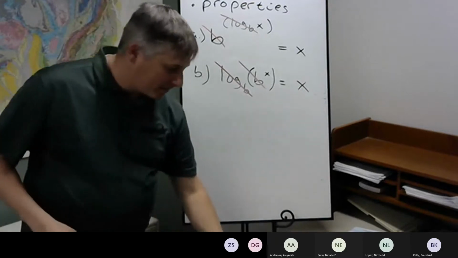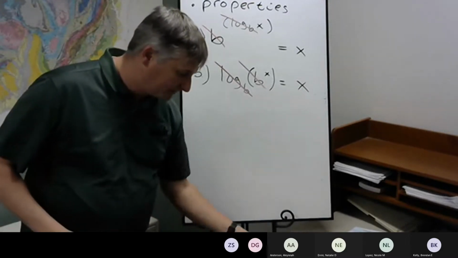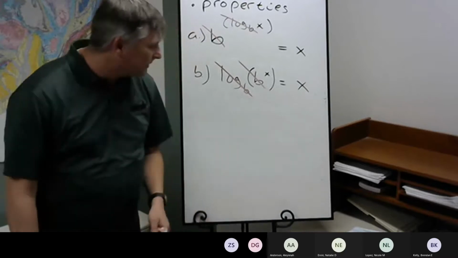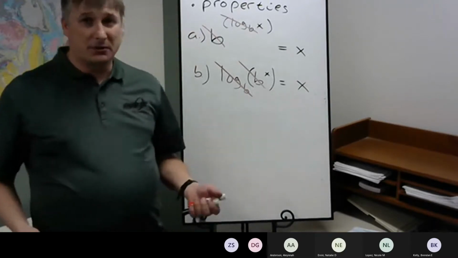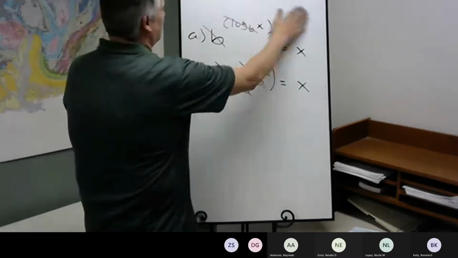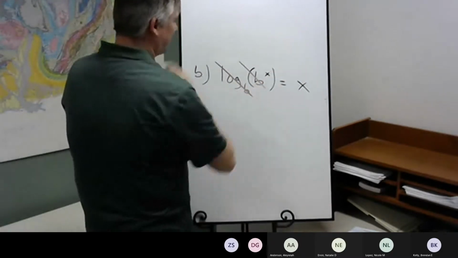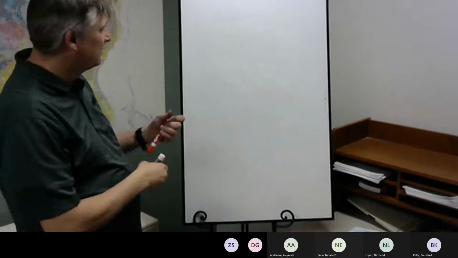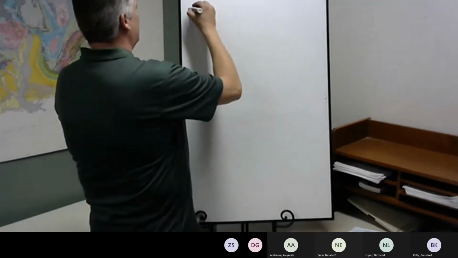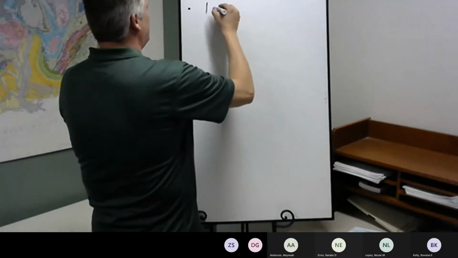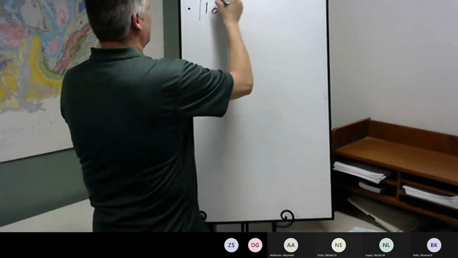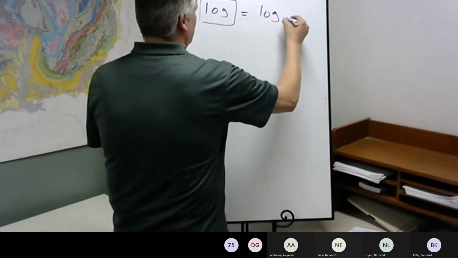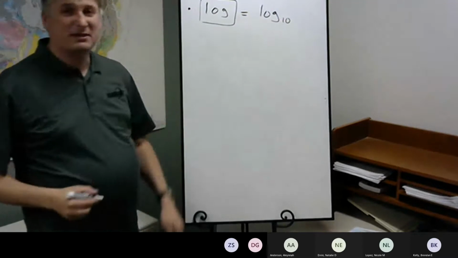So let me talk about the natural log. So there's typically two types of logs in your calculator. We're going to get to some more log properties here, but these are the inverse properties. So on your calculator, if you see this, that's log base 10.